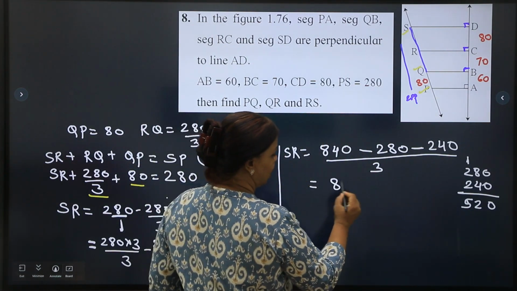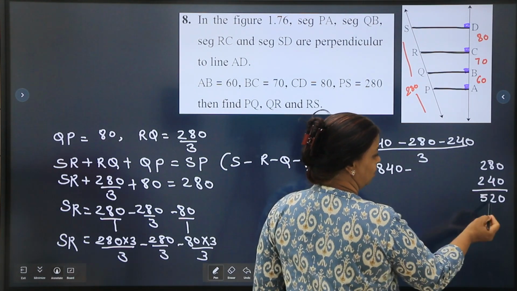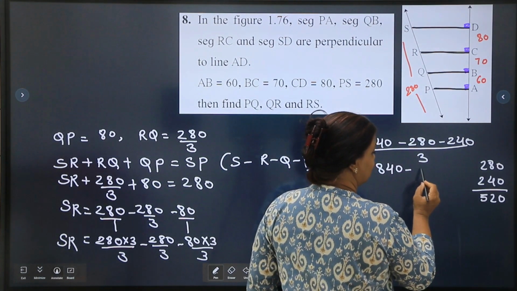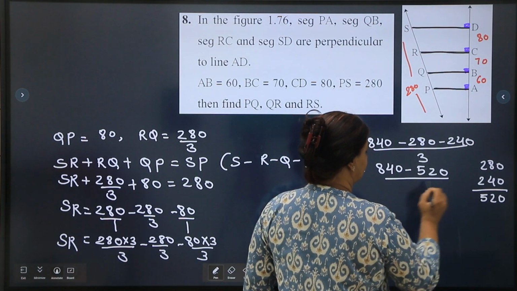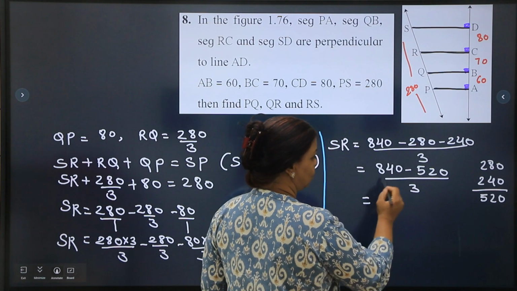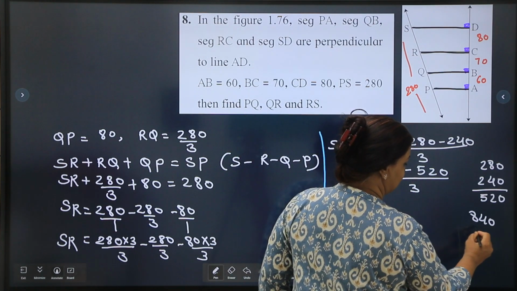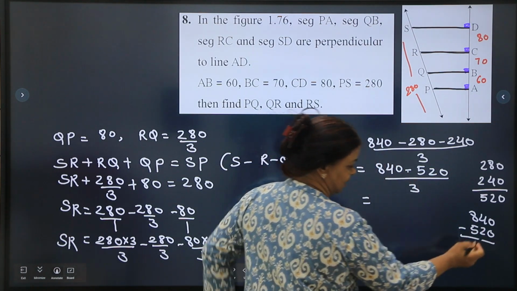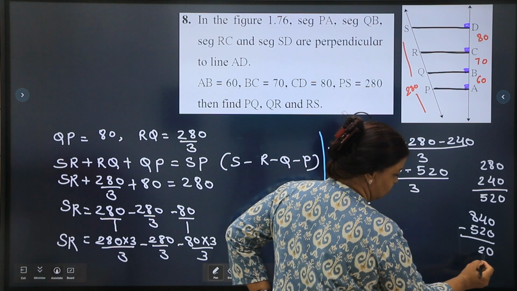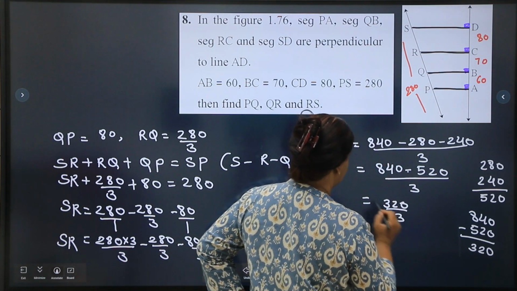So 840 minus 280 minus 240 will be added, it will be minus 520 upon 3. That will be equal to 840 minus 520, subtraction, because one is minus and one is plus. So 320 upon 3 is SR.